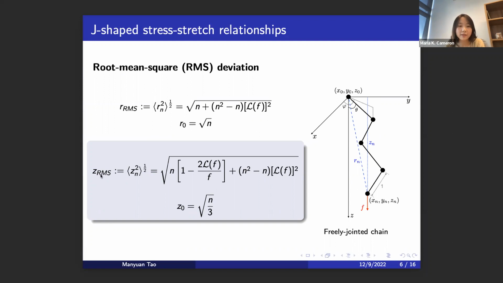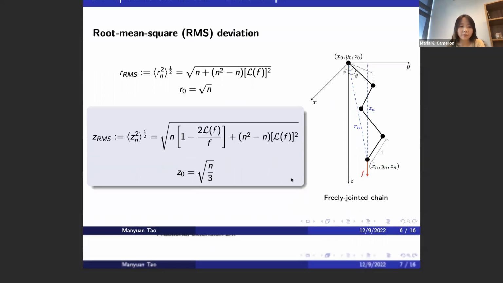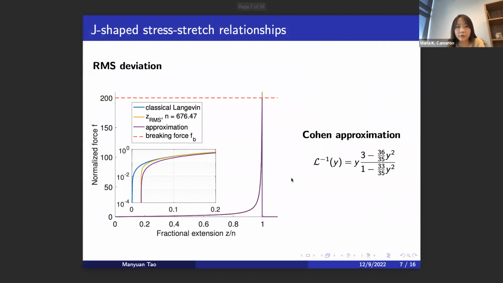So far in this ZRMS, we obtain the stretch as a function of the applied force F. However, we need the inversion, which is the stress as a function of stretch. Therefore, we further invert the ZRMS. We obtained the inversion for ZRMS and also made a close approximation for the inversion.